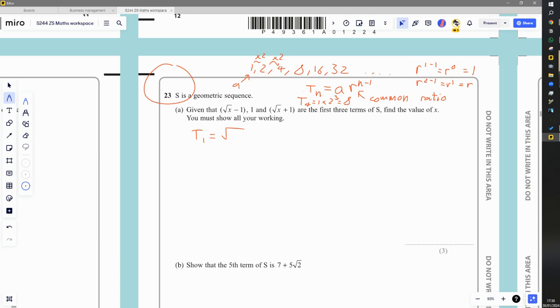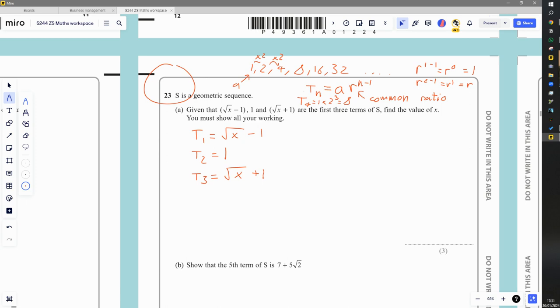So T1 is equal to the square root of some mystery value minus 1. That's the first term. The second term is just 1. And the third term is equal to the square root of the same mystery value from the first term plus 1. Now, we've got to find the value of what x is.